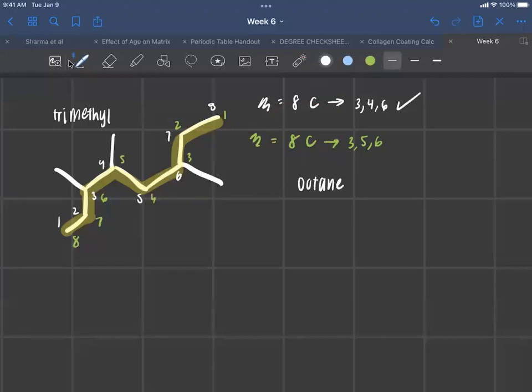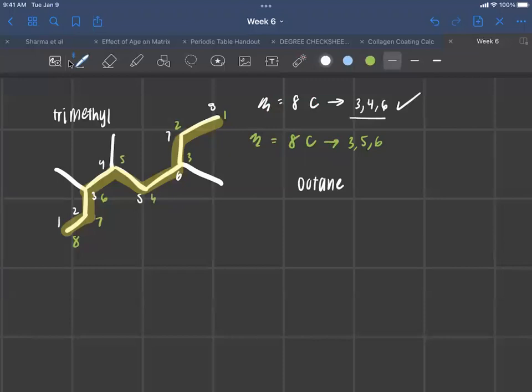So now we can put everything in order. We put our substituents first. We don't need to worry about putting this in alphabetical order because there's only one kind of substituent, that is just 3 methyl groups. So of course we need to label where our methyl groups are.